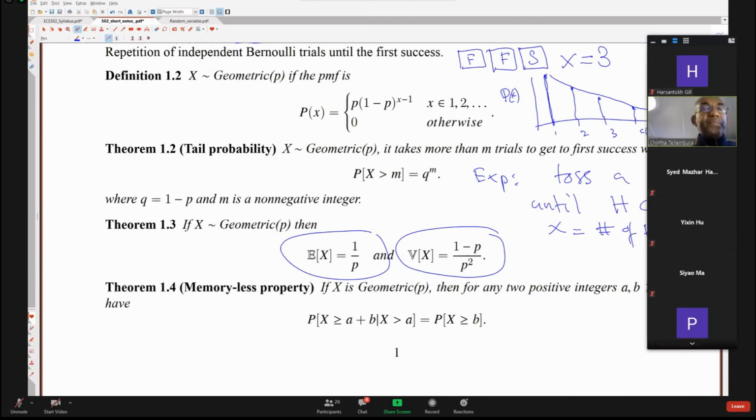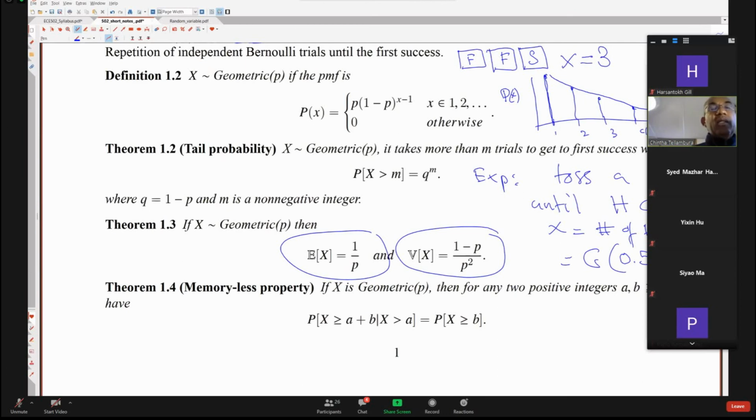If I do that, my X can be 1, if in the first toss I get heads, or it could be 10, if I get 9 tails and then the next one is heads. In this case, I can see that my X is a geometric. It's a fair coin, so heads and tails are equally likely. My parameter is the success probability, which is the probability that heads comes up, and that's equal to 0.5.